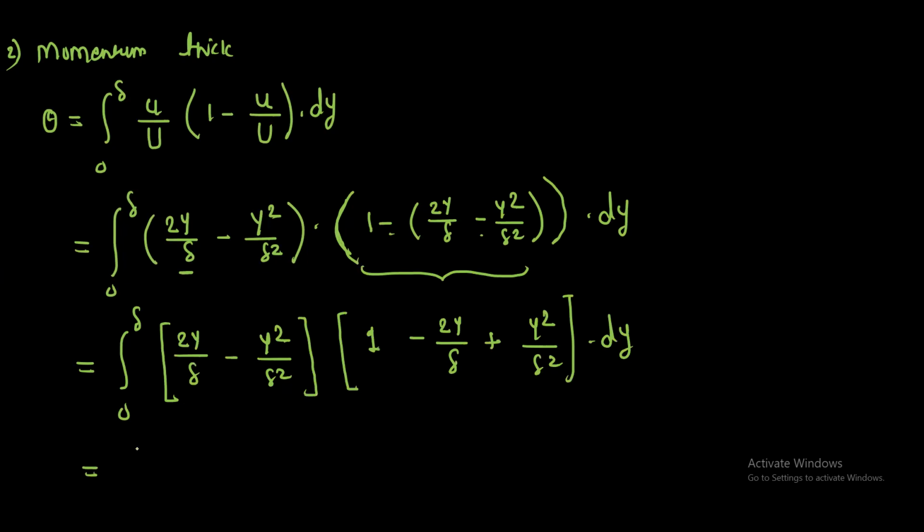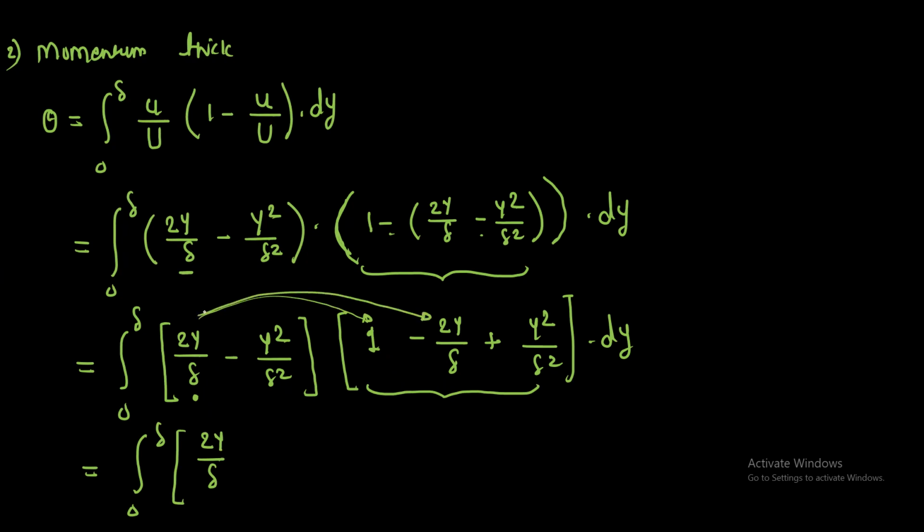Okay. Now this is integration 0 to delta. I will multiply by this term to this entire bracket. So first is 2y upon delta into 1, so this is 2y upon delta only. Then 2y upon delta, this is first multiplication, this is second multiplication, and this is third multiplication.